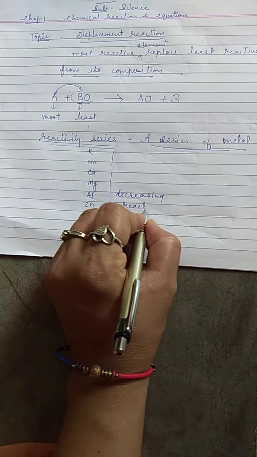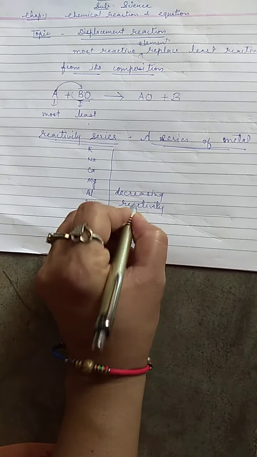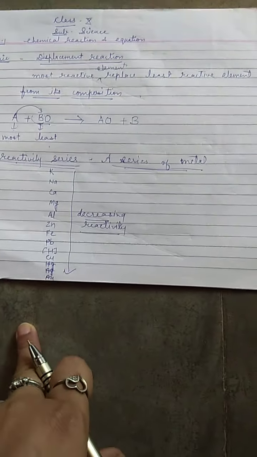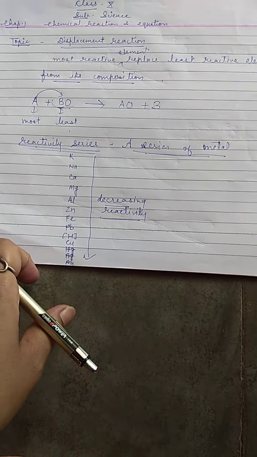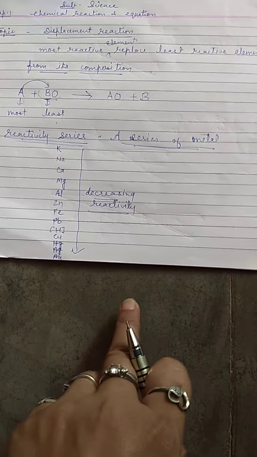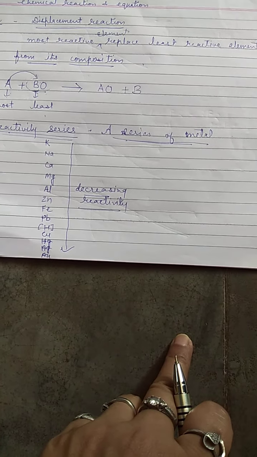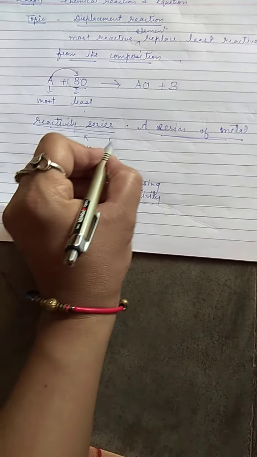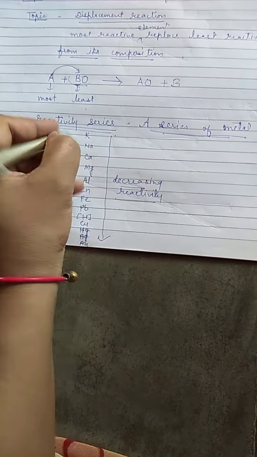Decreasing reactivity means the reaction with water, air, salt and other such solutions. Decreasing reactivity means these are the uppermost elements.